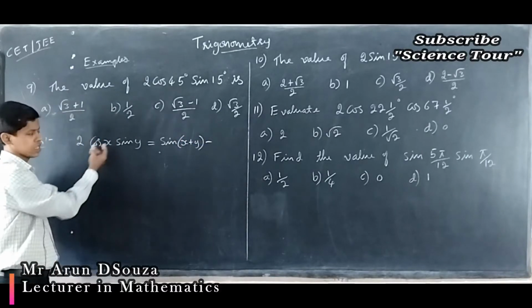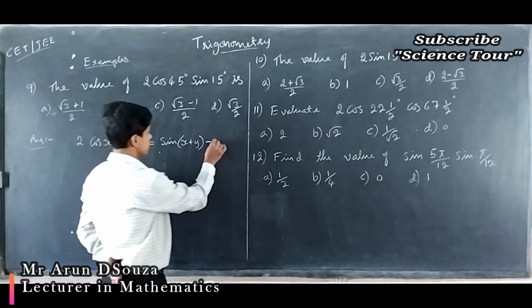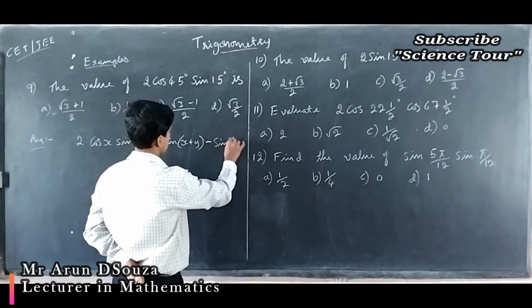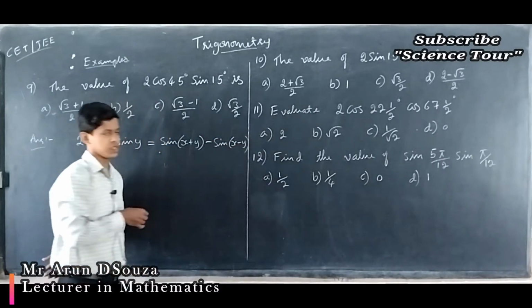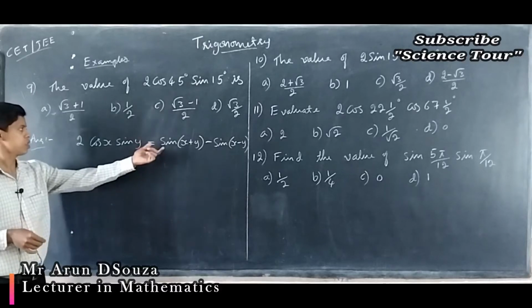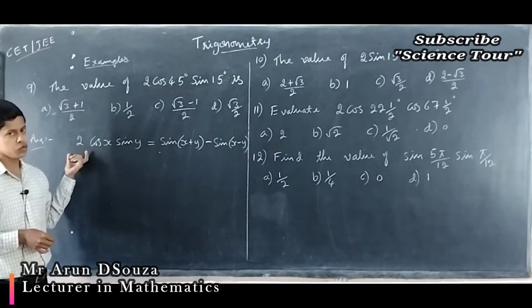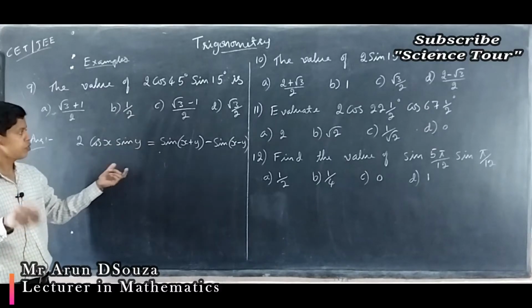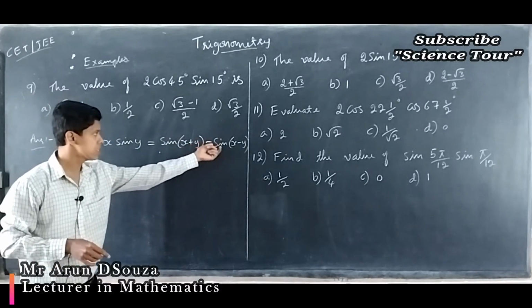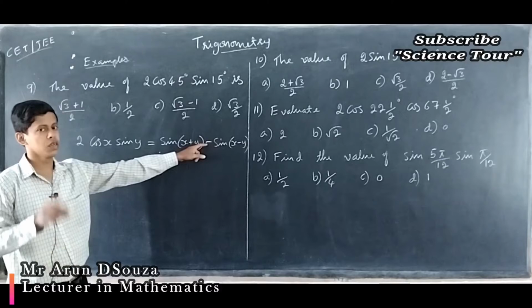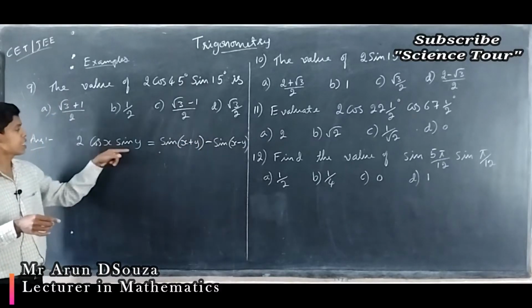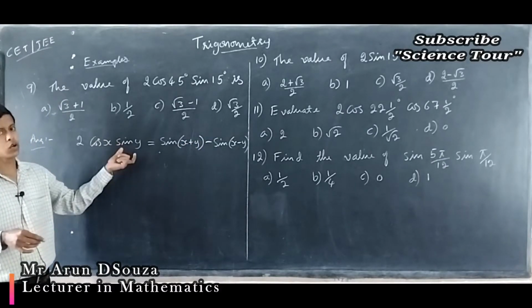If you have cos sin, then it will be minus. So sin(x plus y) minus sin(x minus y) will give you 2 cos x sin y. If you have sin(x plus y) plus sin(x minus y), then you are getting 2 sin x cos y.